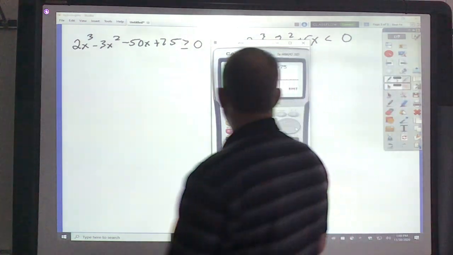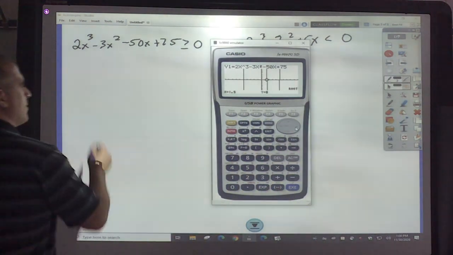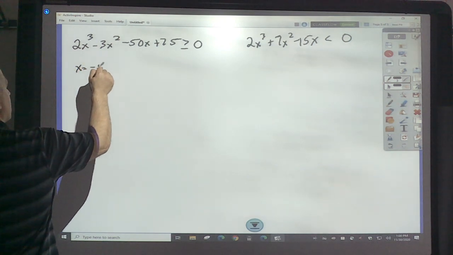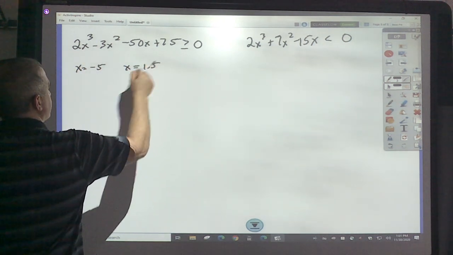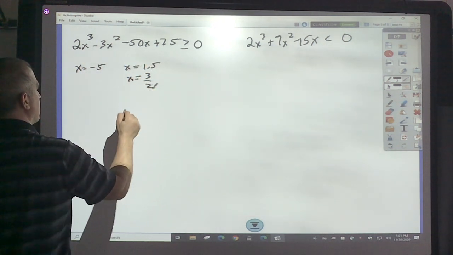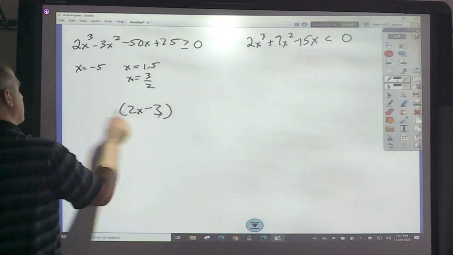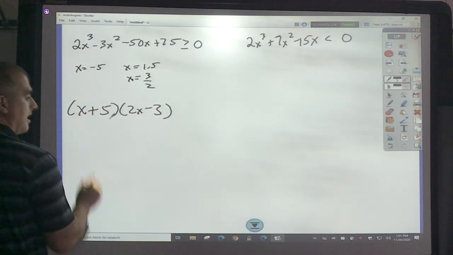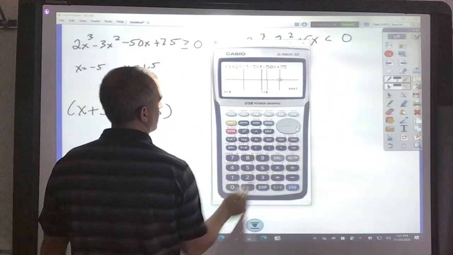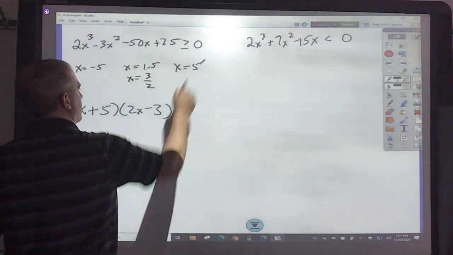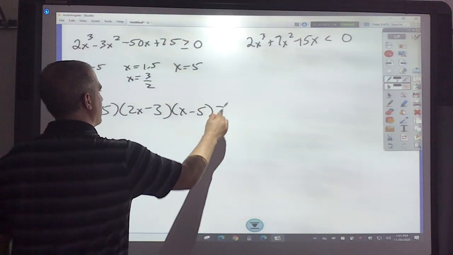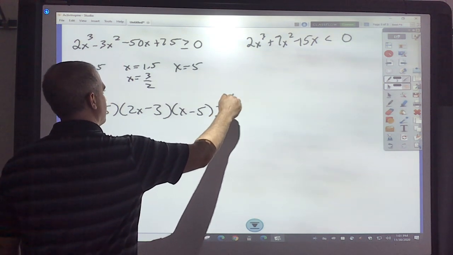One root's at -5, one root's at 1.5. 1.5 is 3/2, so the factor is 2x minus 3. The other factor is x plus 5. And I think there's one more at 5, so that's going to be x minus 5. All greater than or equal to 0, so I want a positive.